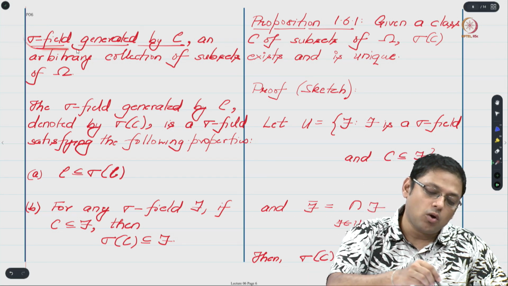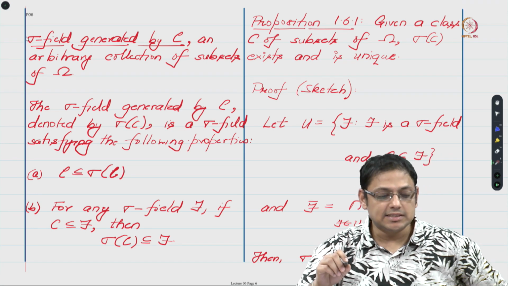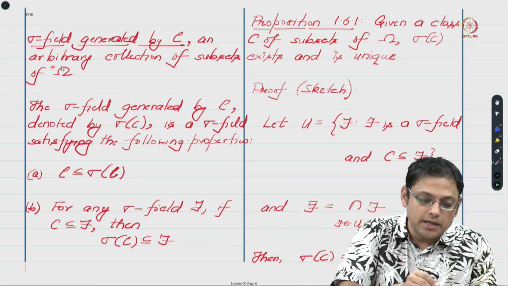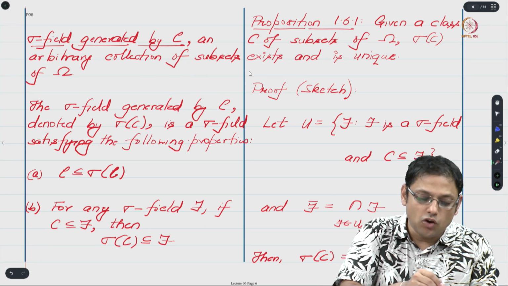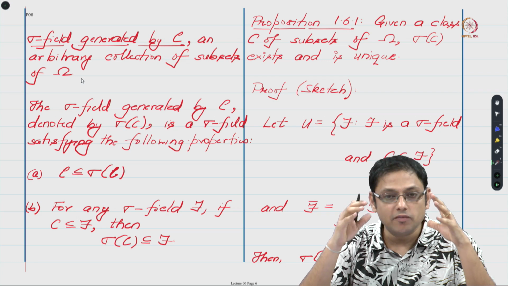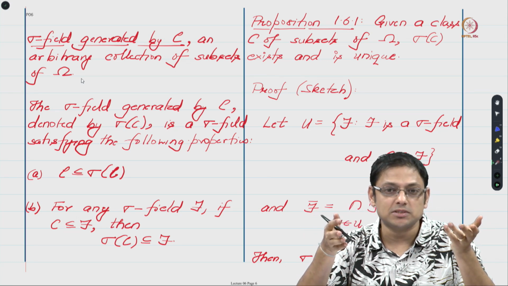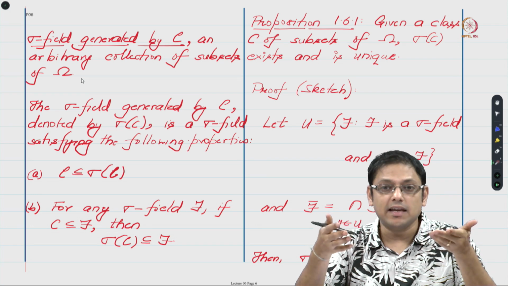The next concept that we would be requiring in this discussion on conditional probability and expectations is the sigma field generated by C, where C is an arbitrary collection of subsets of omega. So we have been given a set omega and a collection of subsets. Now this collection of subsets need not by itself be a sigma field.